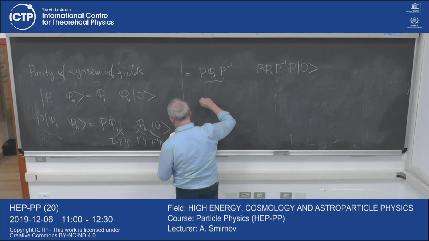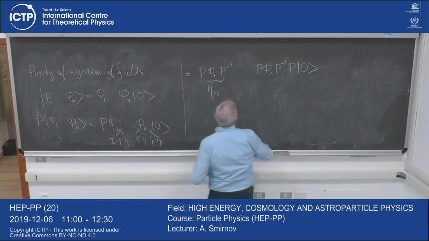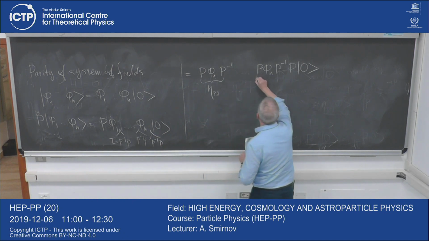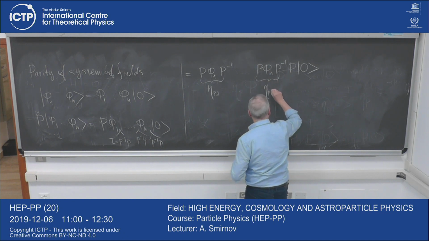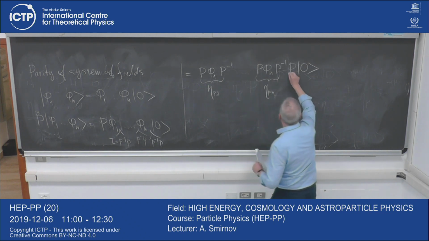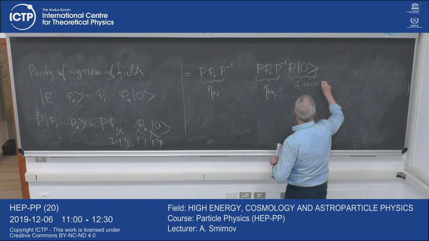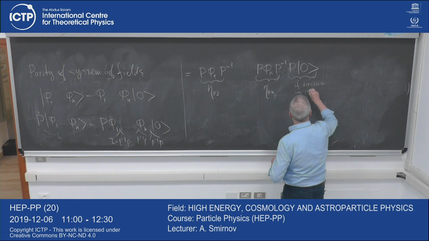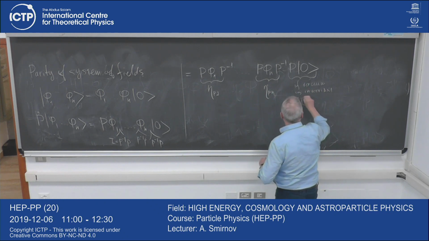Now, what is this? This is by our definition the parity of field 1. And the same here, here is the parity of field n. And now if the vacuum is invariant, this is just vacuum.